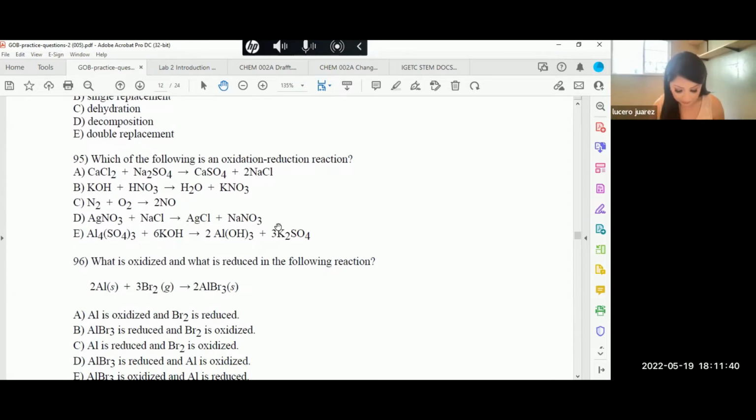96. So I'm going to teach you a really quick thing to remember. If we're adding oxygen to something, it's going to be oxidation, right? And so that means that something else has to be reduced. If you just get oxygen gas added to something, that's considered to be oxidation. So the other element is going to end up being reduced.